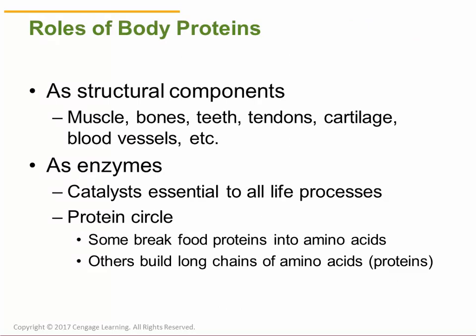Okay? It is part of our bones and our teeth and our cartilage and our blood vessels. And this is why when you're helping that patient who has a fractured hip to eat in the morning, and they don't want to eat their protein, their egg, or they don't want to drink the milk, it's not only the calcium, the vitamin D, and the magnesium that they need. It's that protein that's in that milk as well.